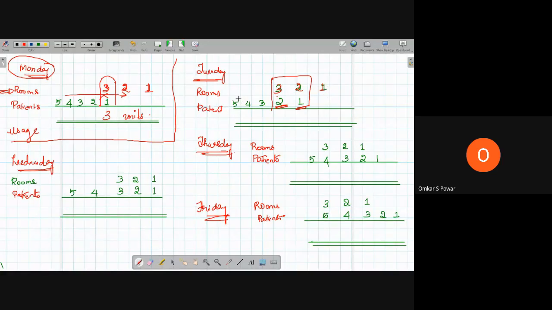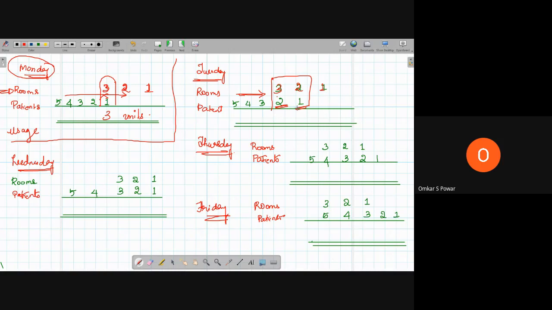I am moving the patients each day, because the number of patients is 1 on Monday, 2 on Tuesday, 3 on Wednesday, 4 on Thursday, and 5 on Friday. On Monday only one patient is there, and they'll get 3 units of blood.